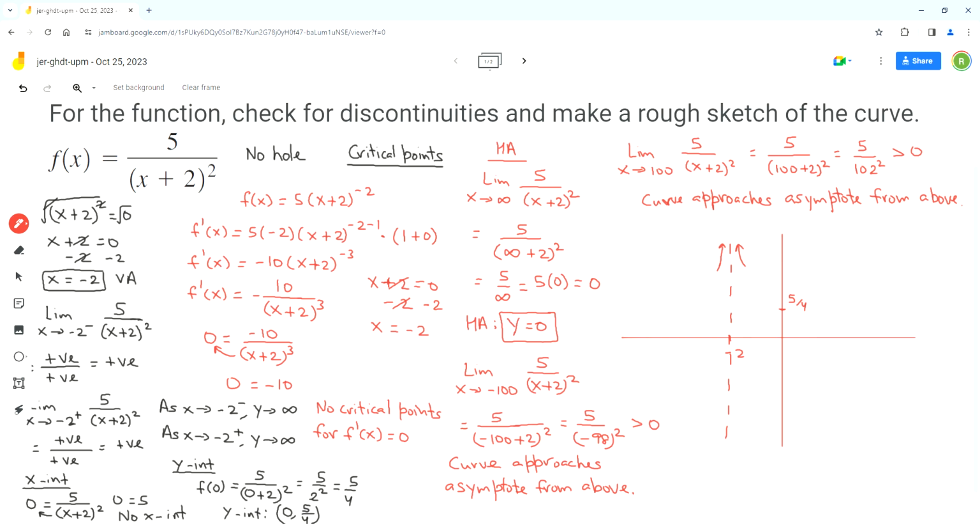And then we found the critical point, but there are no critical points at which the derivative is equal to 0. And then we found the horizontal asymptote, which is at y equals 0, which is the x-axis. And then as per the end behavior, the curve approaches the horizontal asymptote from above, both on the left and the right side.